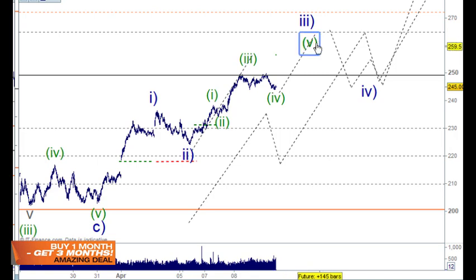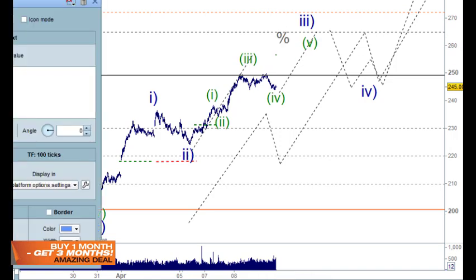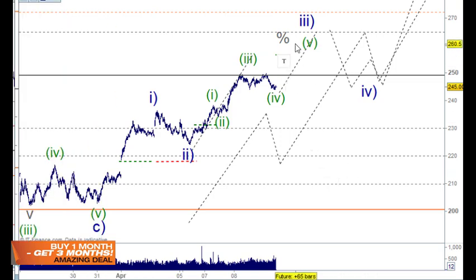I think we might be all right actually, but at the same time, I think that we also need to take a decent percentage at that point. So I'll leave that there. So when that wave 5 comes in, it may not get to the 265 at that point. We'll just see how it goes, but we need to count 5 little waves up here, and then we need to take a good chunk at that point.